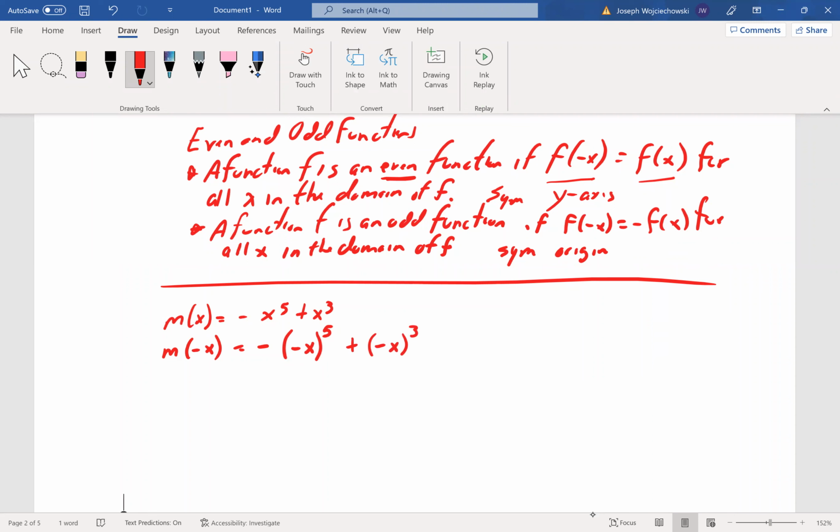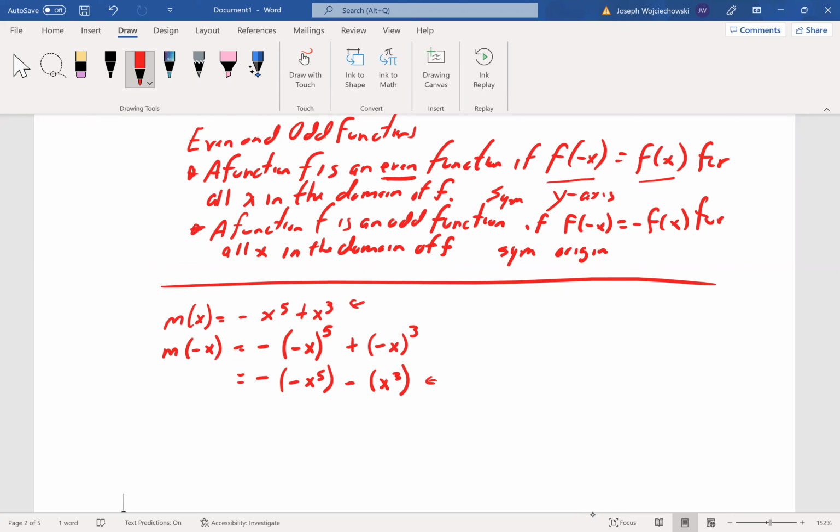Okay? So we're taking the negative, and negative x to the fifth is simply the negative of x to the fifth. And this is simply minus x to the third. So as you can see, this and this are not the same thing. So it is not even.